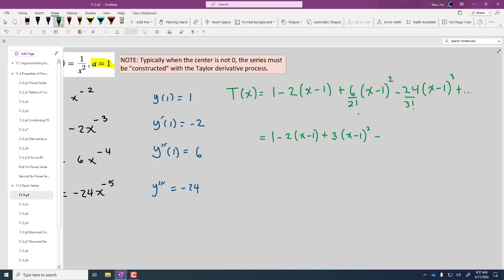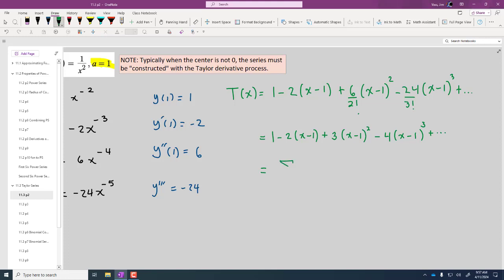If you're trying to figure out what a sub k is and you can't do it with the coefficients unsimplified, then simplify it. Try both; sometimes both will work, sometimes one's easier than the other. It becomes pretty obvious here.